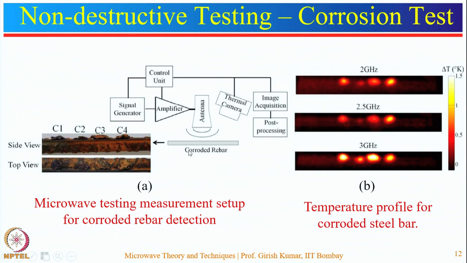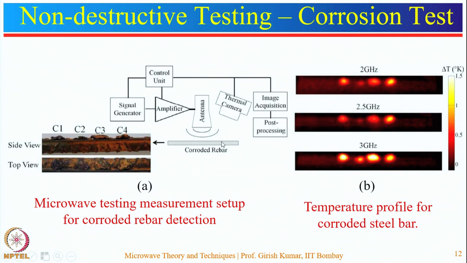So, this steel bar is corroded by 4 types of corrosion and they are separated by a 1 centimeter gap. When they are radiated, you can see that with the help of a thermal camera, an image profile is created at the frequencies 2 gigahertz, 2.5 gigahertz and 3 gigahertz.